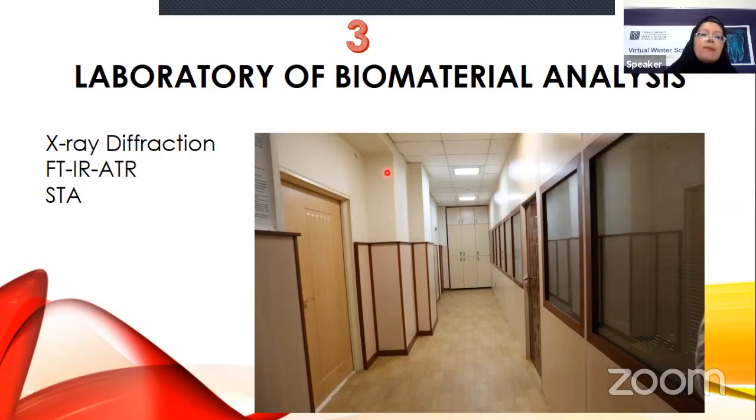Our third lab is a laboratory of biomedical analysis. We have three high-tech pieces of equipment here: X-ray diffraction analysis equipment, FTIR, which is equipped with ATR, and also STA, or simultaneous thermal analysis device.